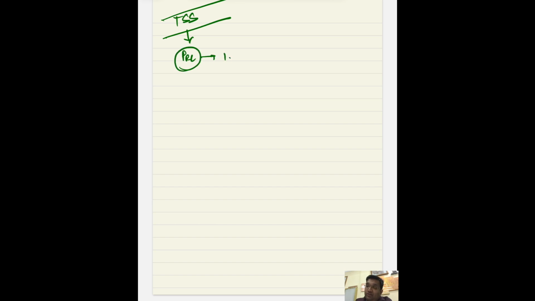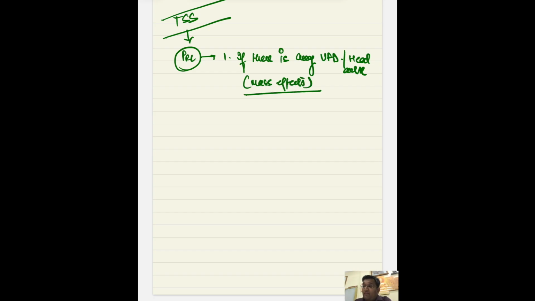Number one, if there is any visual field defect or headache, that is mass effects, and they are not responding to classical management.